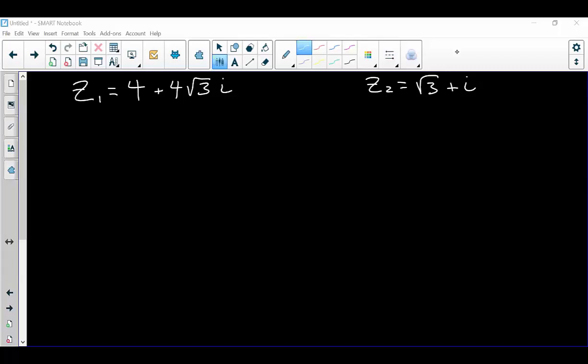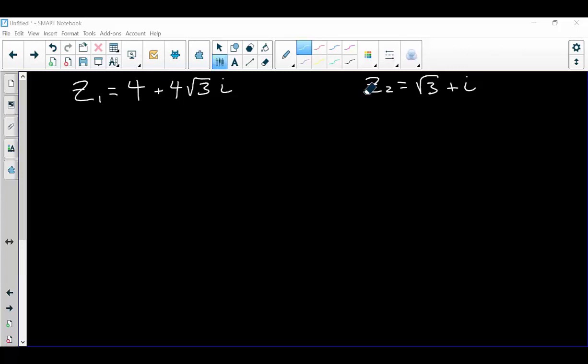It's supposed to say Z1, Z sub 1. So here I have Z sub 1, there I have Z sub 2. I don't know if I cleared up the question, but we can explore it more as we go along.